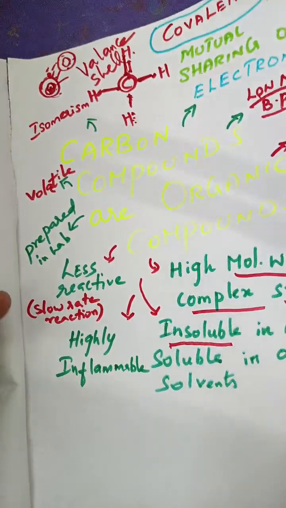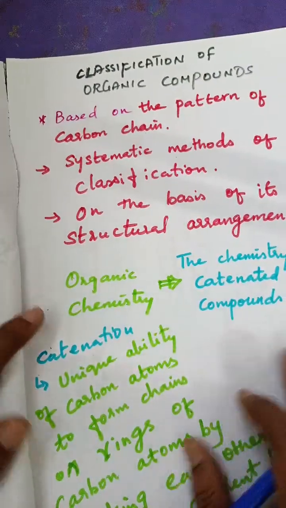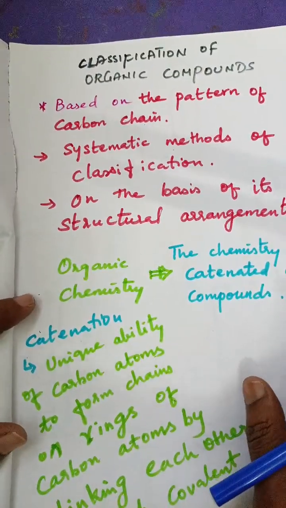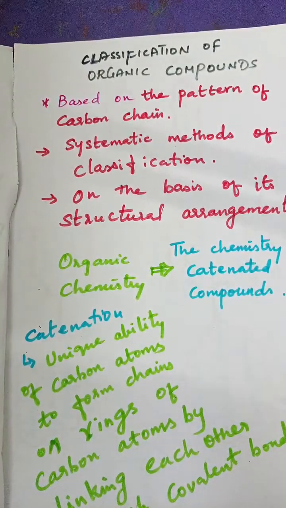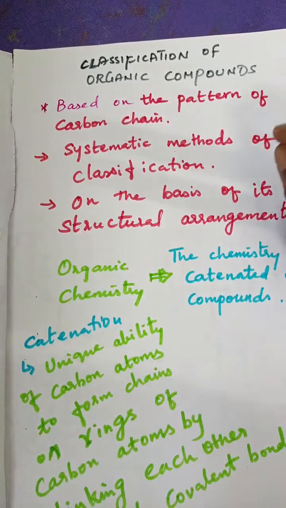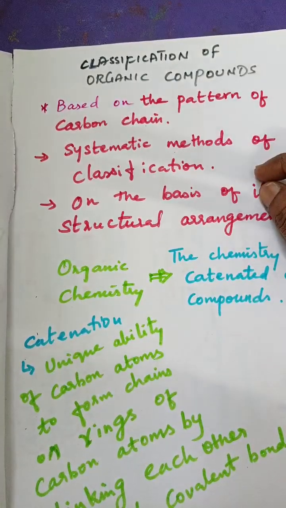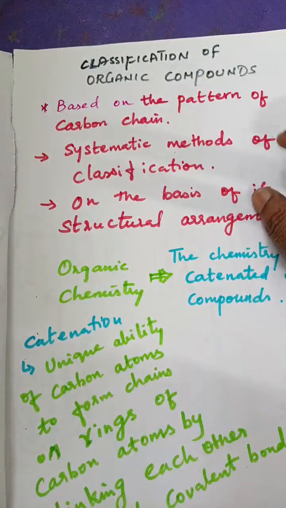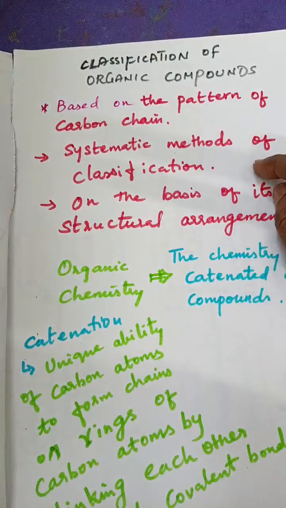So this is about the last session, and in today's session we are going to concentrate on the classification of organic compounds, children. If you look at this classification, on what basis they have been classified, what methods have been implemented, and on the structural arrangement also the organic compounds have been classified.